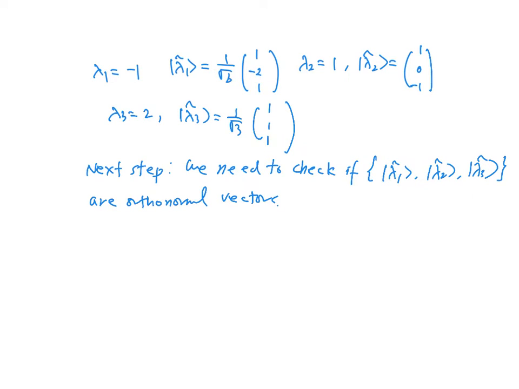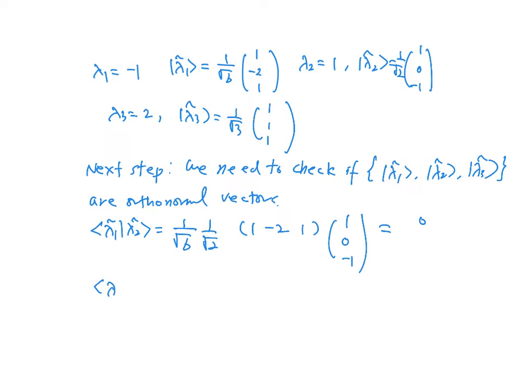So we need to check that first. So lambda 1, lambda 2. Lambda 1, 1 over square root of 6, and lambda 2 is 1 over square root of 2. 1, minus 2, 1 dotted with 1, 0, minus 1. Obviously, 0, right?